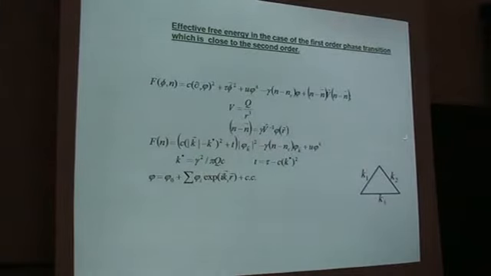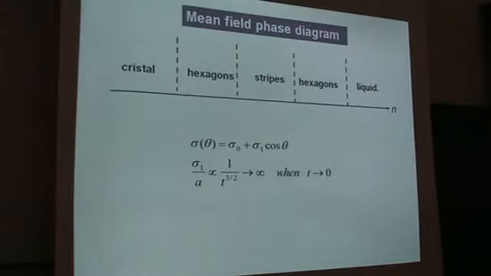This is a solvable problem. When it is first order close to second order, by the standard methods of weak crystallization theory, you immediately see that there are several phases: stripe, hexagon, which is basically the bubble phase, stripes, hexagon, crystal. The question is, how do you go between these two?